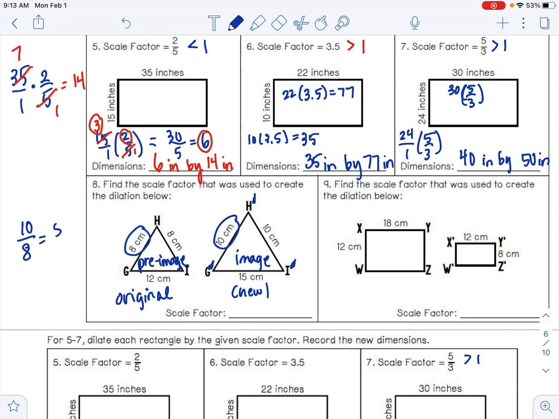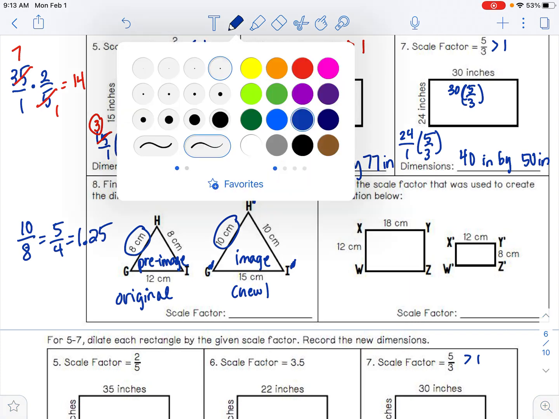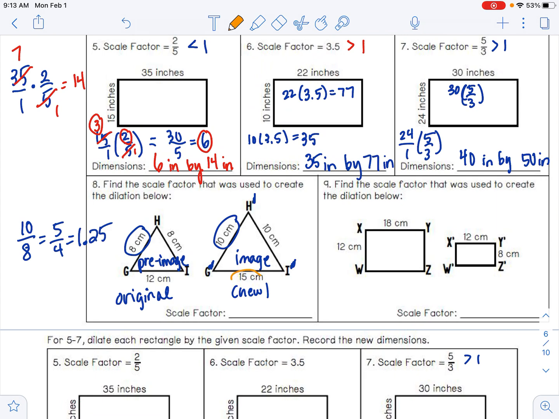So 10 over 8 is 5/4 or 1.25, which is good because my triangle got larger, so I needed a scale factor greater than 1. If I decide instead to use these bottom sides, I've got 15 over 12. That is also equal to 5/4 or 1.25. So my scale factor is 5 over 4 or 1.25.